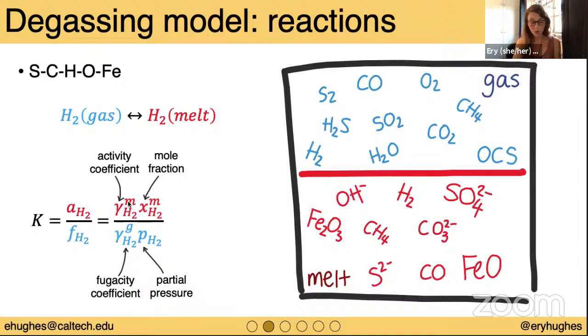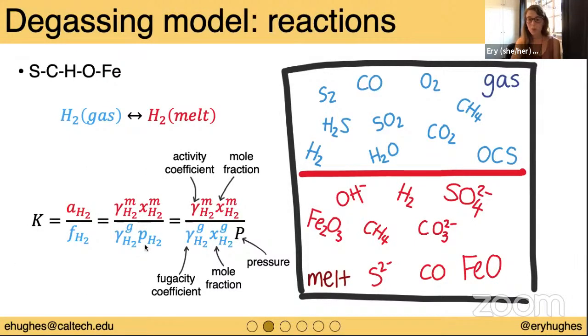And this activity coefficient is to describe the non-ideality in the melt, but we typically assume that the melt species are behaving ideally, and in this case, this gamma term is just 1. For the fugacity, it will be the fugacity coefficient, so gamma g, times the partial pressure of hydrogen in the gas. And this partial pressure of hydrogen is important for when we want to calculate pressures of vapor saturation.